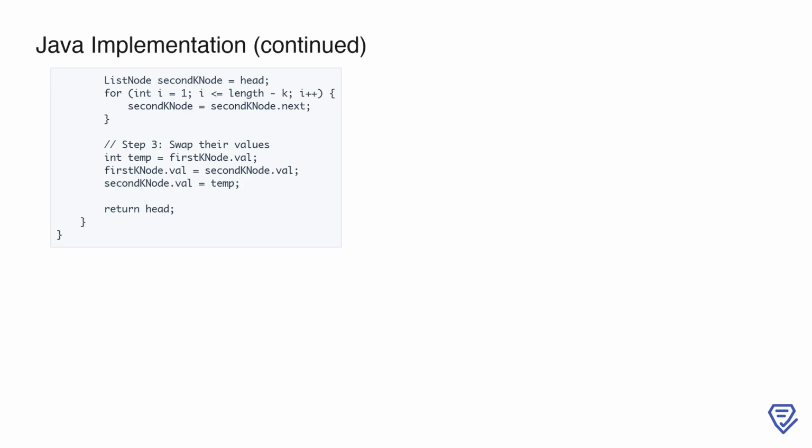With both target nodes identified, we proceed to swap their values. This is done by storing the value of the first node in a temporary variable temp, assigning the value of the second node to the first, and then copying the value from temp into the second node. Finally, we return the modified linked list. This approach ensures that we only swap the values of the nodes, keeping the structure of the list intact.